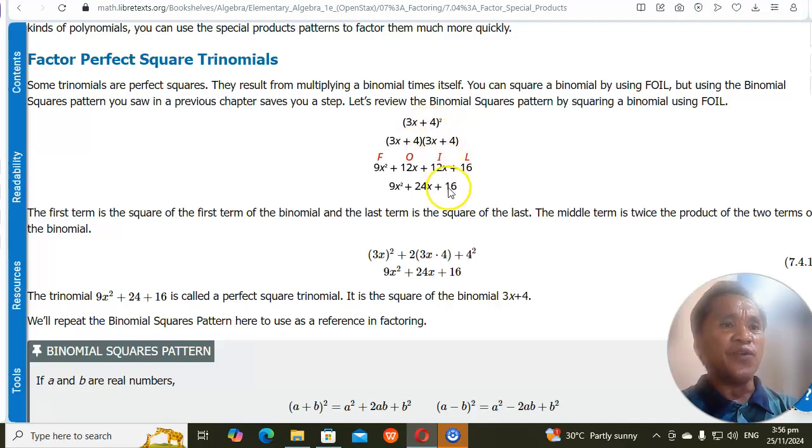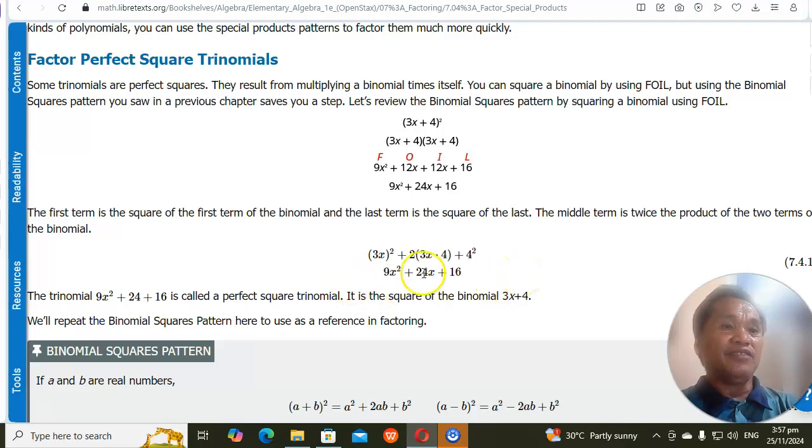So 4 squared, you will get 16. And the middle term, which is positive 24x, is the product of the first term and the second term of the binomial multiplied by 2. You can notice 3x times 4 is 12x, times 2. So you will get a positive 24x.